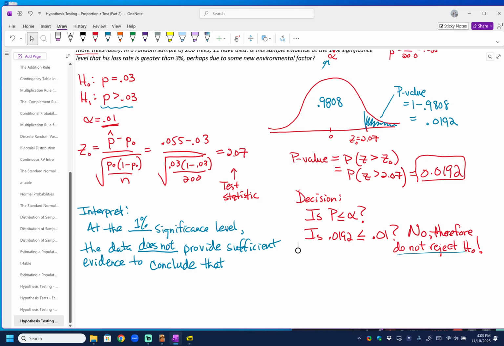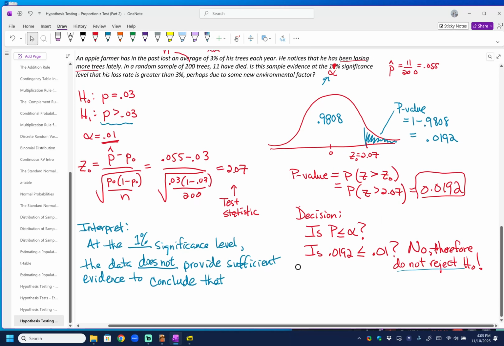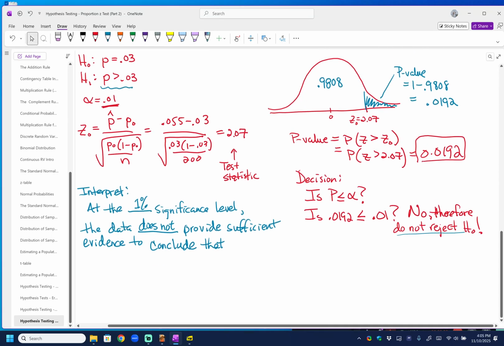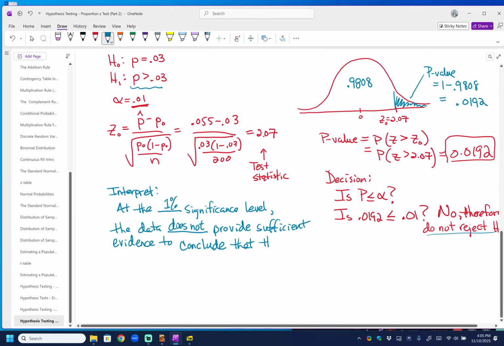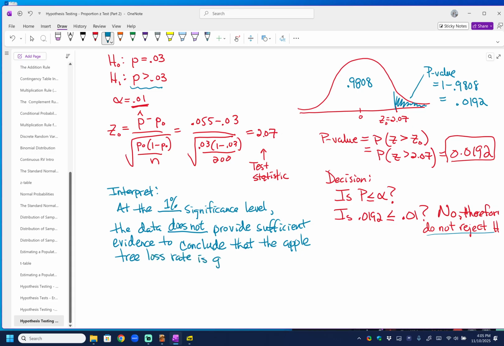So you can say loss rate or tree loss rate, include that the apple tree loss rate is greater than 3%.